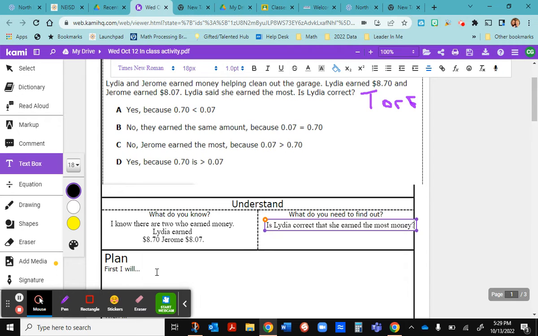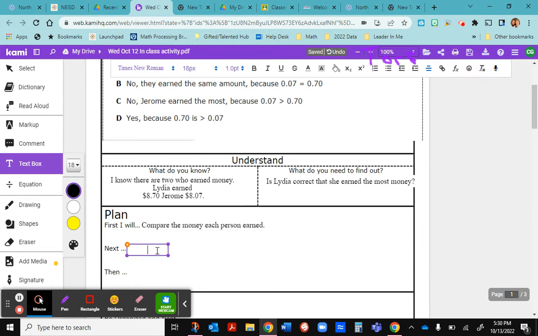All right, so what's our first plan? So looking over here, what do I got to do? Yeah, absolutely. I'm going to have to compare the money each person earned. There we go. Next, I want to stack them, right? And then look at each place value.